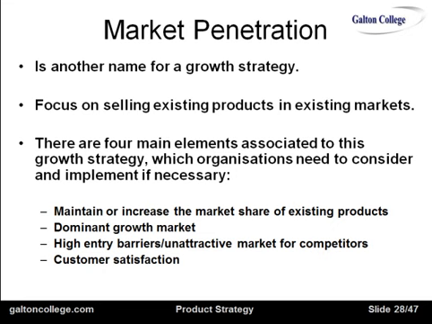So block them by having legal patents on the product, by controlling, for example, the raw materials, if that's possible, so they can't set up against you. So those could be the growth strategies for market penetration.